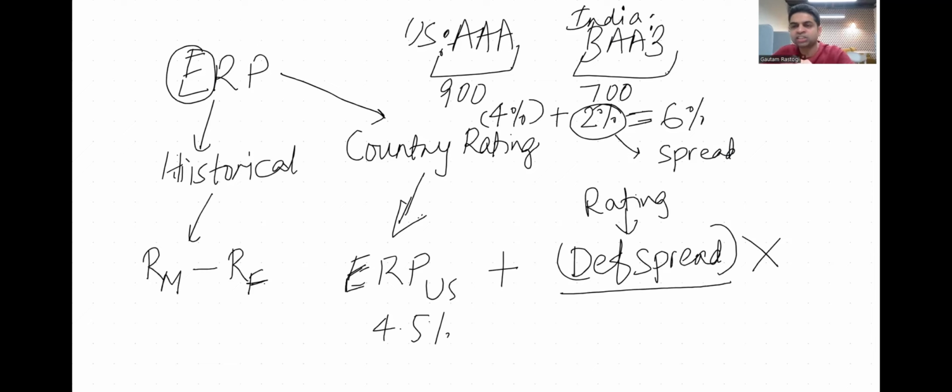This credit default spread of the bond market for India is multiplied by the standard deviation of the Indian stock market divided by the standard deviation of the Indian bond market. You can compute that.